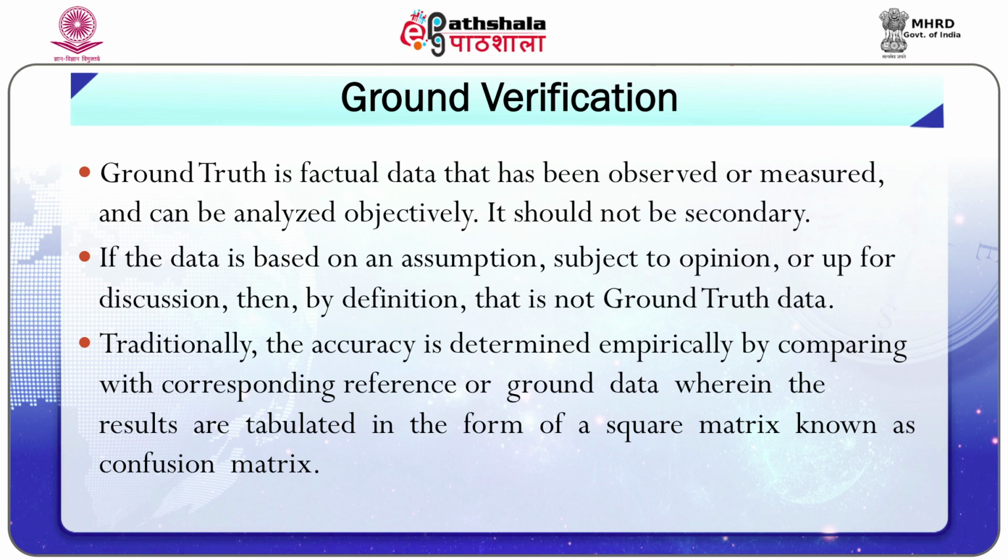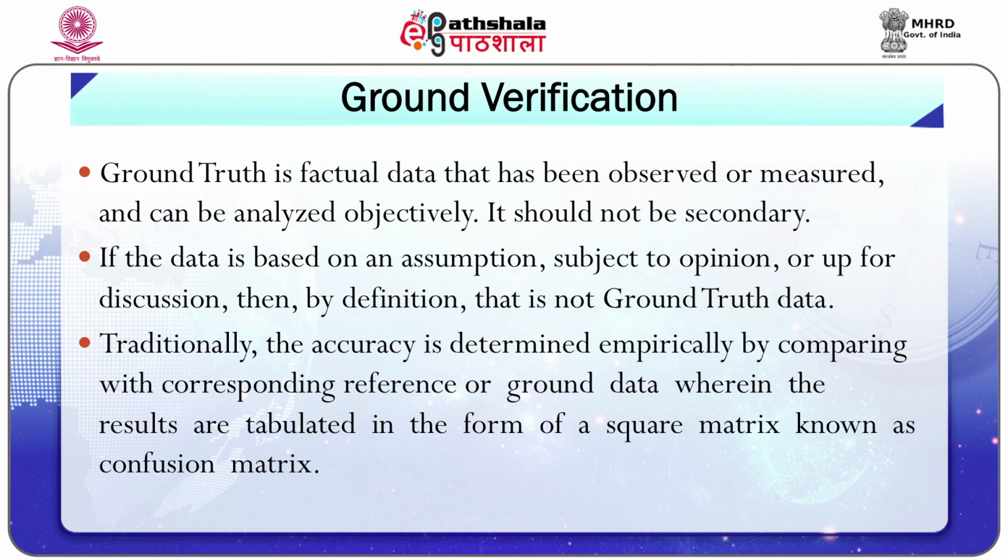If the data is based on an assumption, subject to opinion or up for discussion, then by definition that is not ground truth data. If analytics are based on subjective data and assumptions, the analysis will very likely be basic and therefore not valuable. The ideal situation is represented by a diagonal matrix wherein only principal diagonal elements are non-zero, that is, all areas of the image have been correctly classified.